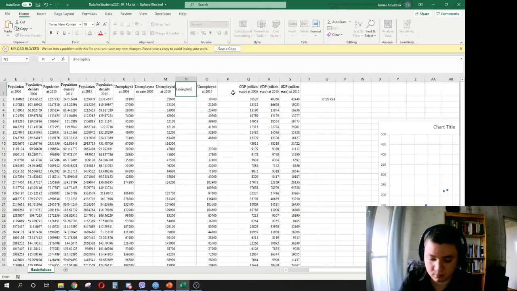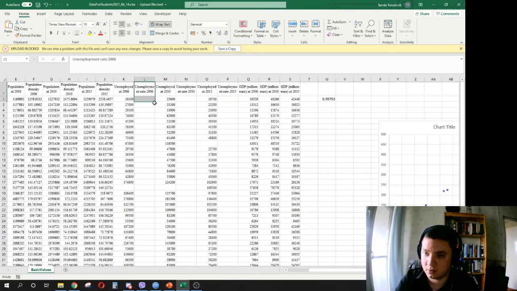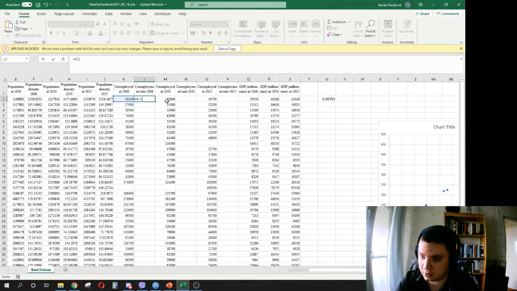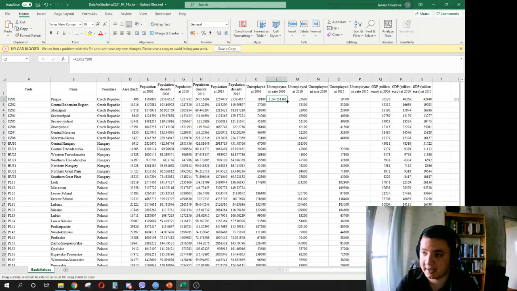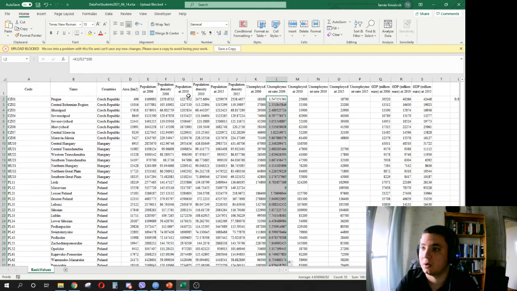Unemployment rate 2010. Unemployment rate 2015. Okay. Make a division between the unemployed people and the population, and make a percentage form, so multiply by 100.